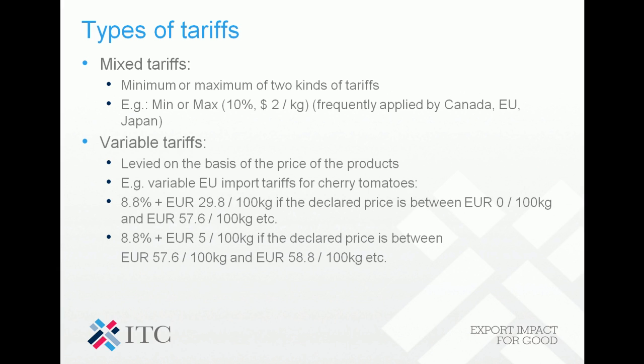For a declared price between 57.6 and 58.8 euros per 100 kilograms, the applied tariff is 8.8% plus 5 euros per 100 kilograms, and so on. These variable tariffs can have the effect that the after-border price does not fall short of a specific lower threshold and doesn't increase too much with the price either once having exceeded the threshold.